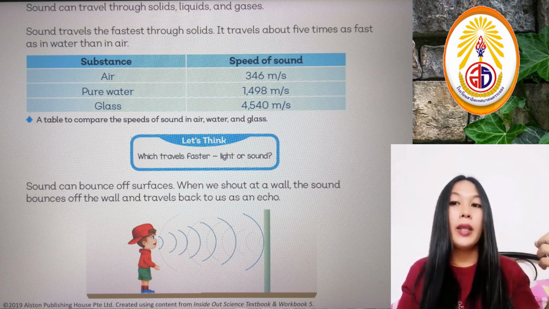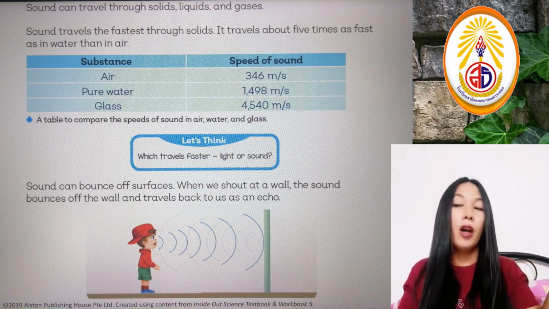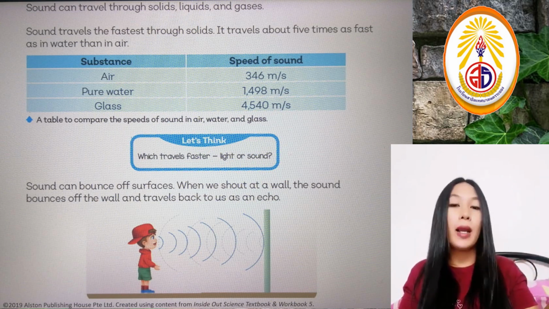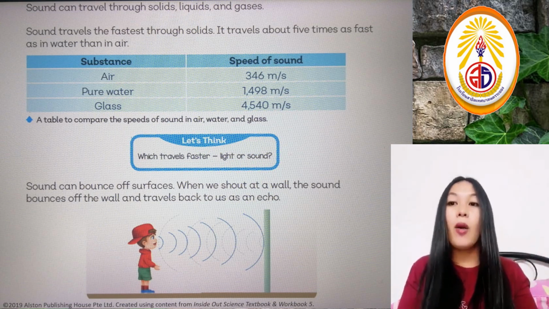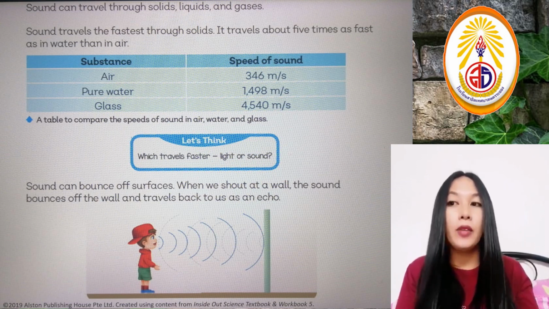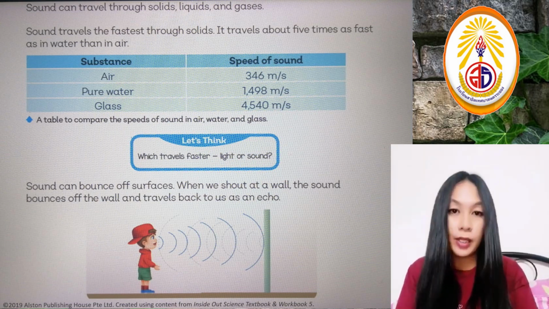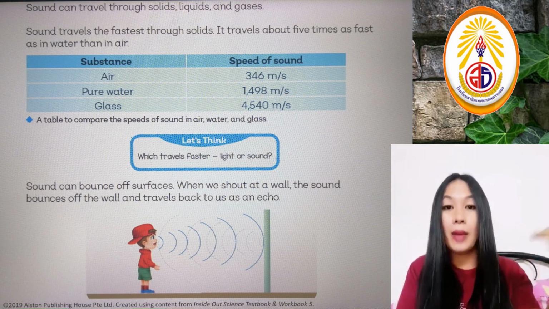That is called an echo. So that is the bouncing off of the sound, traveling back to the source, traveling back to us. It is called an echo. So yes, sound can bounce off surfaces. Okay, and if the sound bounces back, it is called an echo.